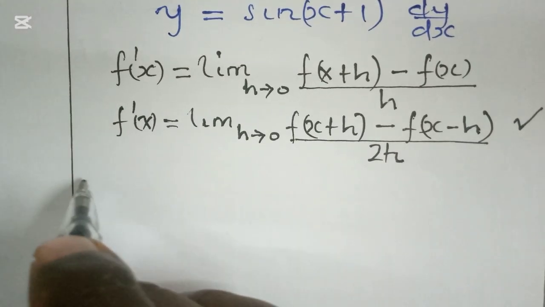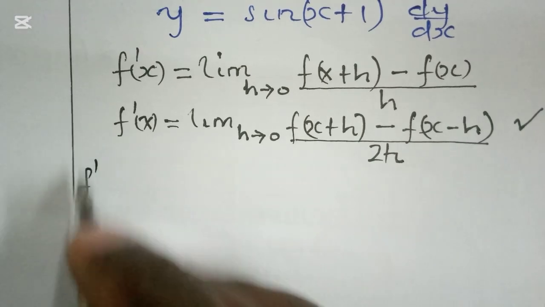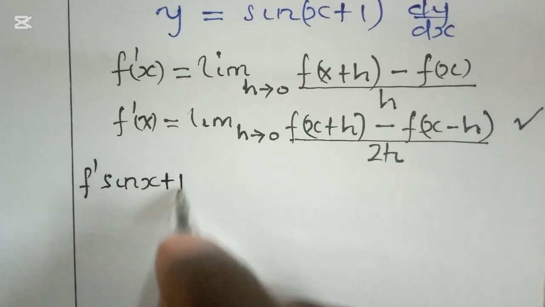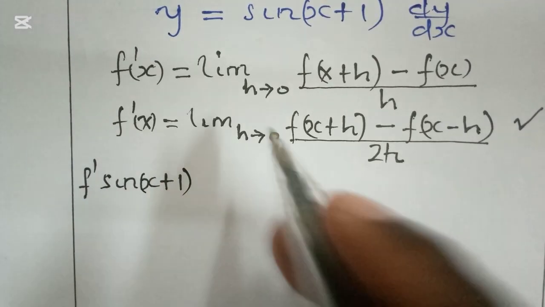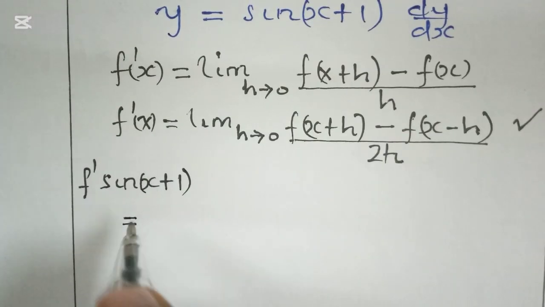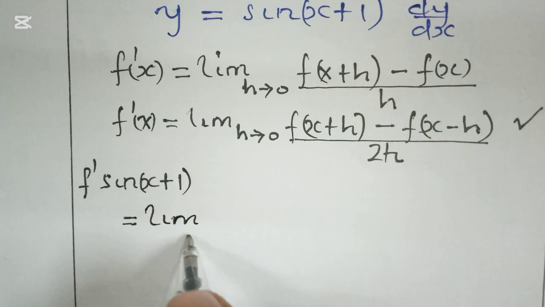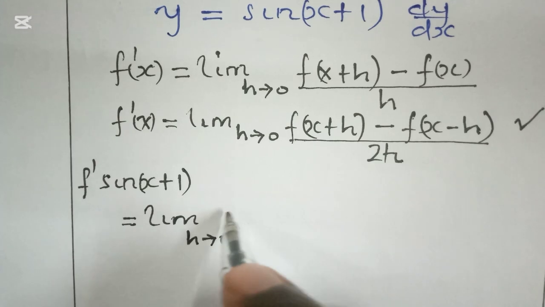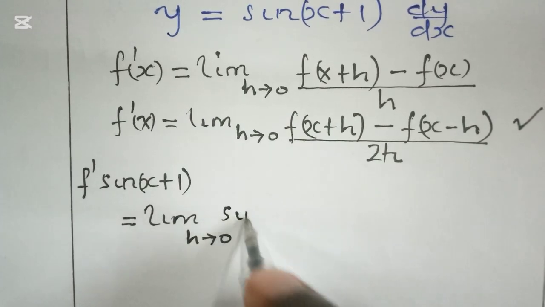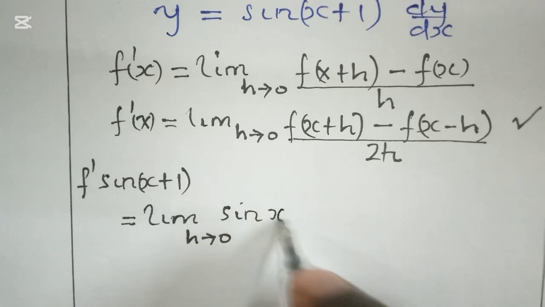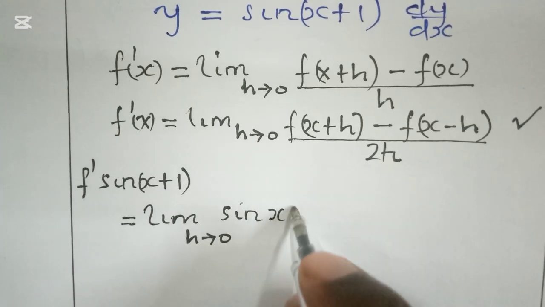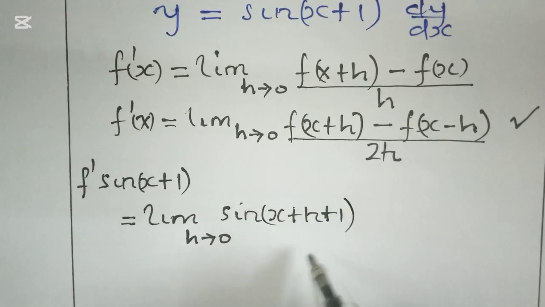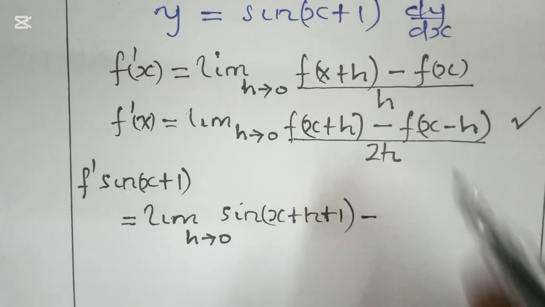So we shall have f'(sine(x + 1)), which gives us the limit as h tends to 0 of [sine(x + h + 1) - sine(x - h + 1)] all over 2h.